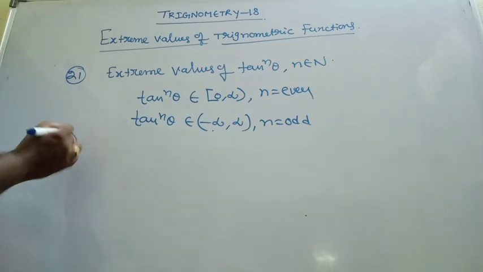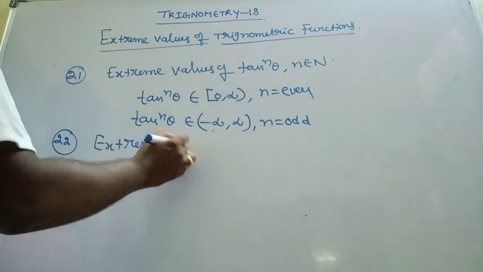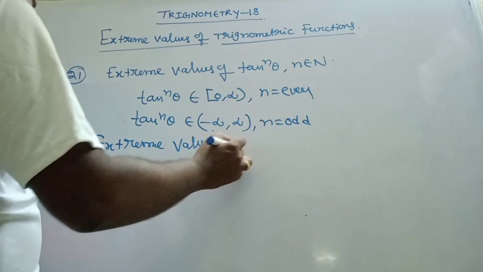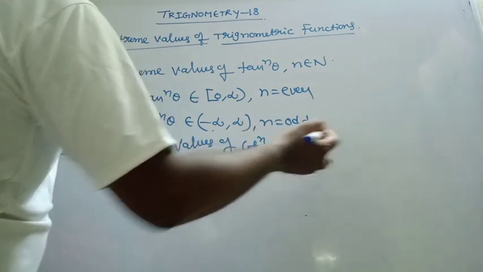Now, similarly, the extreme values of cot power n theta, when n belongs to the natural numbers.